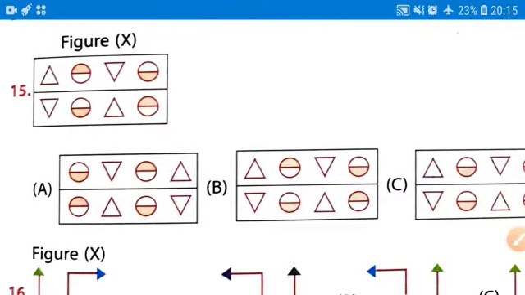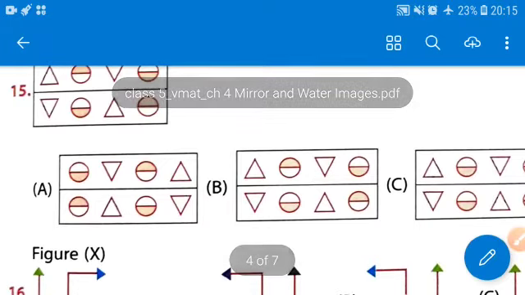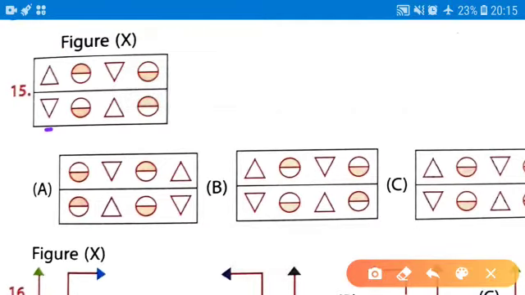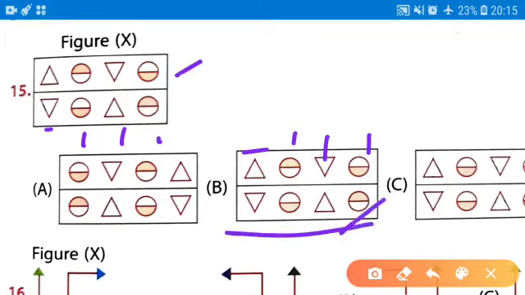As you can see here, this triangle is down, now this triangle will be up here, and this circle will become like this, and this triangle will become like this, and this circle will become like this. Similarly the upper portion will become like this. The correct option for question number 15 is option number B.